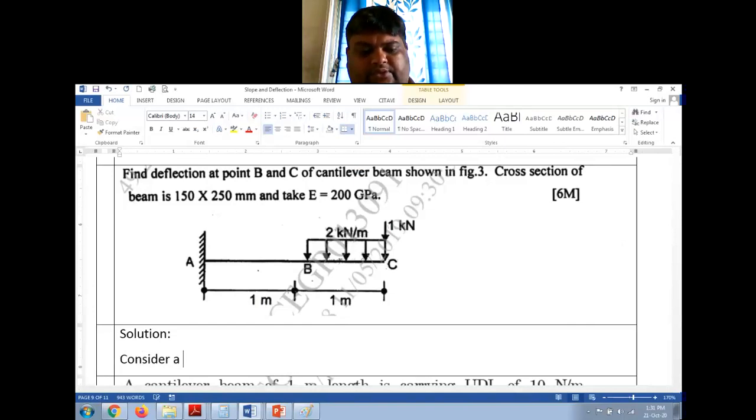Consider a section XX at a distance of x meter from the free end of the cantilever.